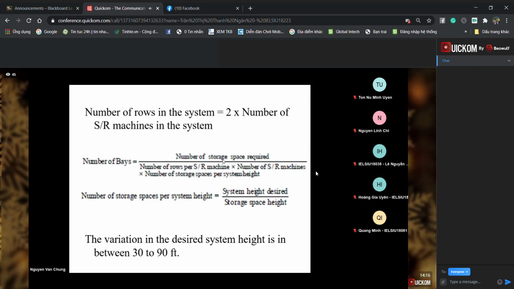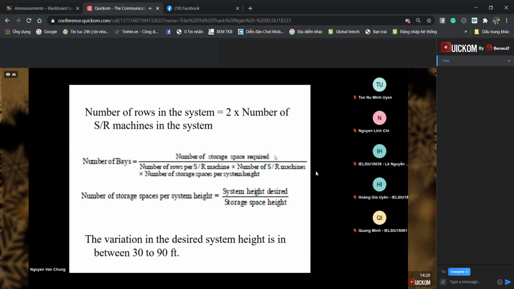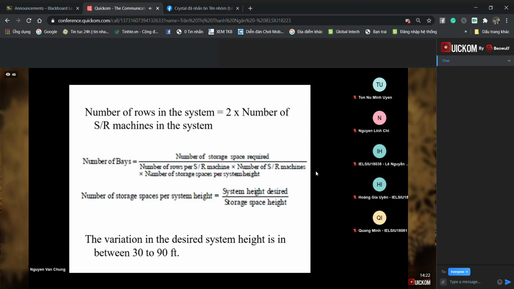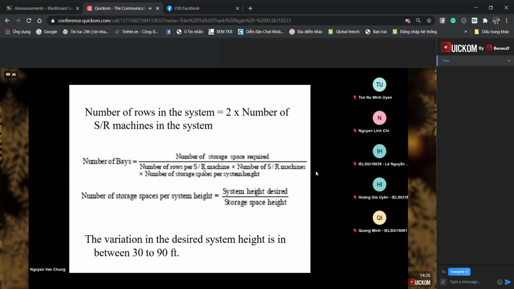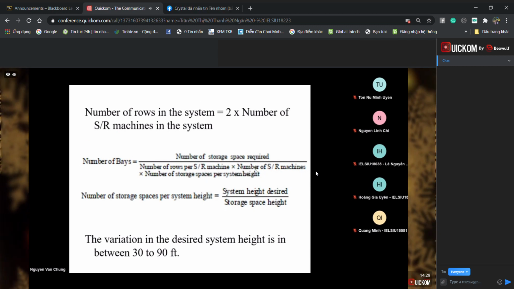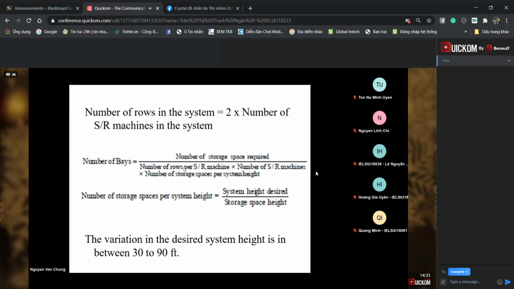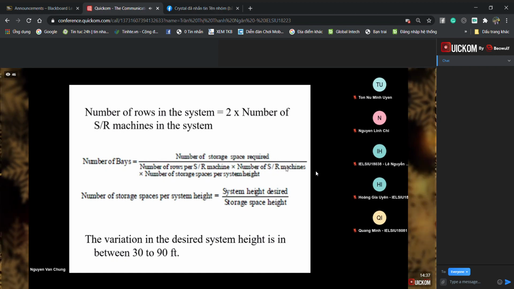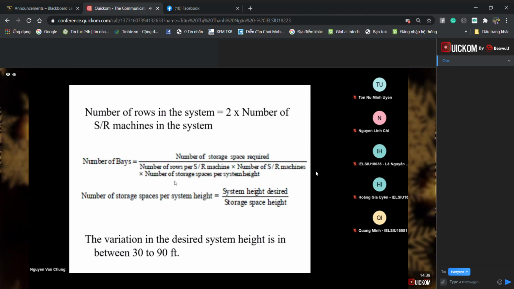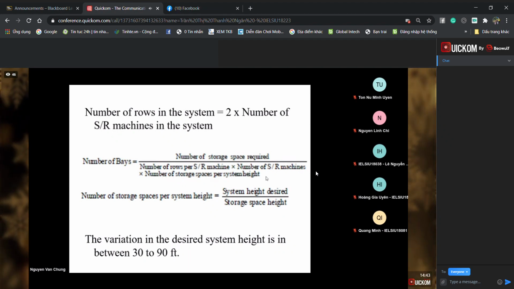This is the number of storage spaces required, divided by the number of rows per SR machine multiplied by the number of machines. So this is the number of rows, this is the number of machines, and the number of storage spaces per system aisle.